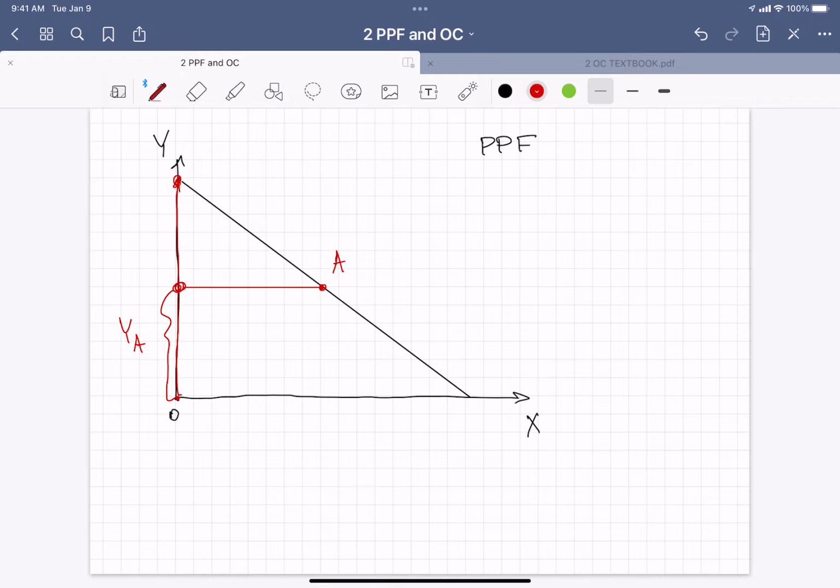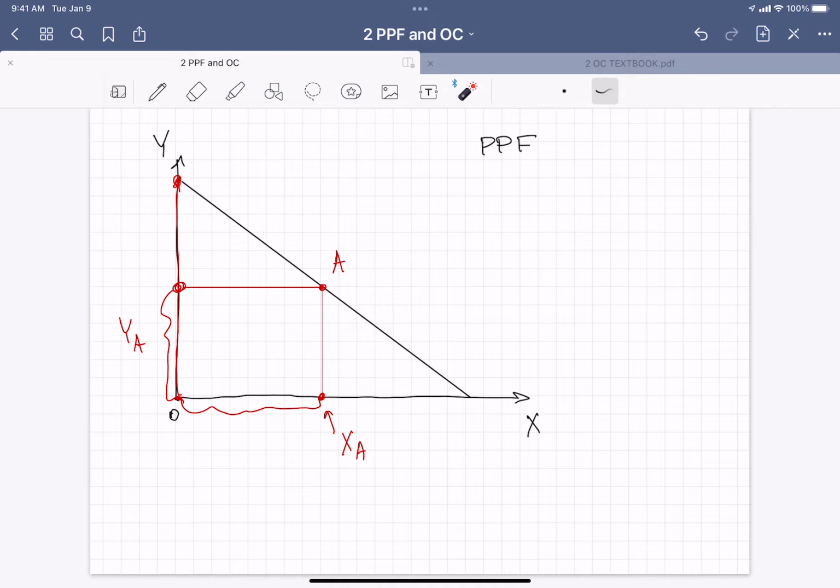Technically, to figure out the amount of good X, you go down, hit your horizontal axis, and measure this distance. If we had numbers on the horizontal axis, we would just read the number, but we don't, so we're just going to put this Xa here. The distance between 0 and the point we just picked is proportional to the amount of good X that we are producing.